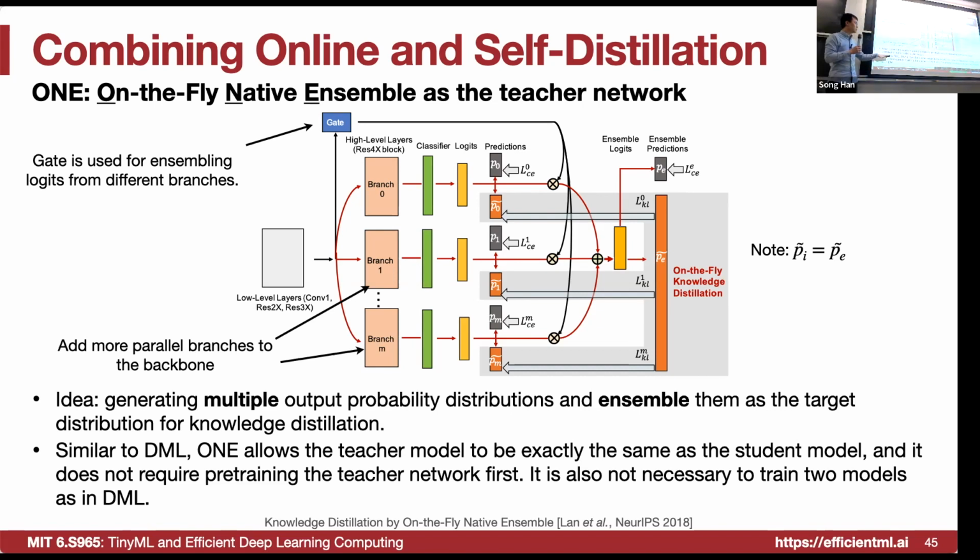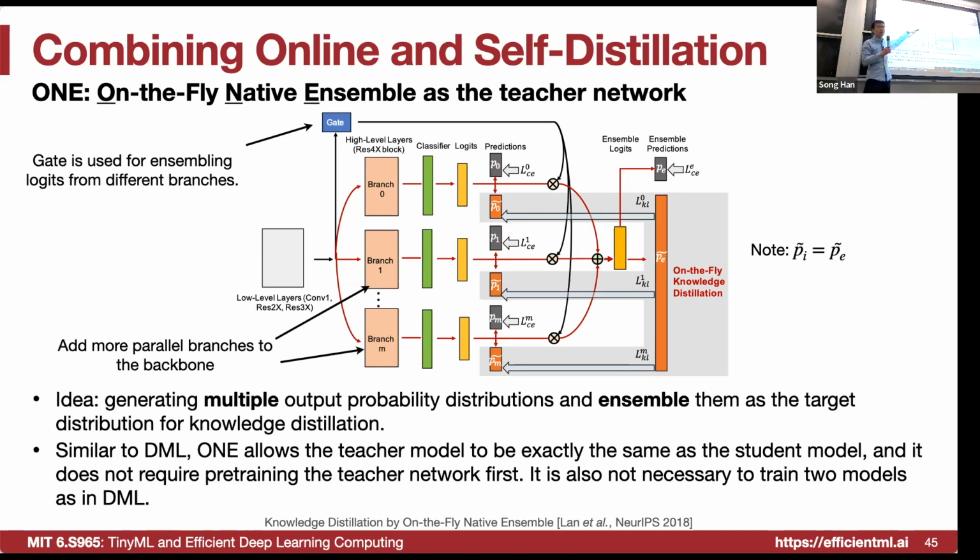Similar to deep mutual learning, this method allows the teacher model to be exactly the same as the student model. Here we don't have any explicit teacher model. Teacher model and student model are inherently the same. It doesn't require any pre-training. Everything is just trained from scratch. We don't have to train a teacher model to begin with.